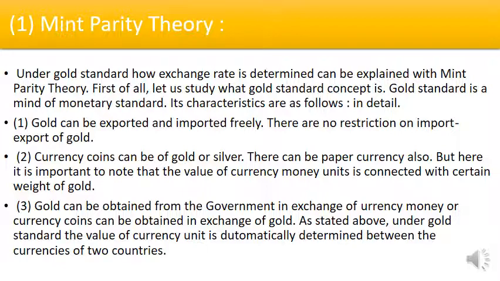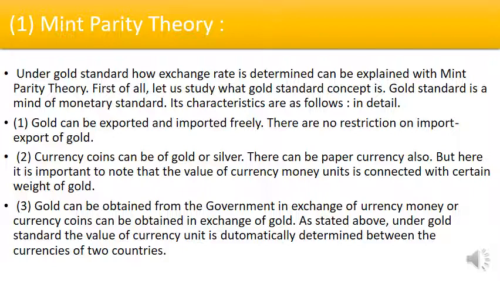The currency coins can be of gold or silver. We know that gold is very important, and we make jewelry from gold and silver. There can be paper currency also. But it is important to note that the value of a currency unit is connected with a certain weight of gold.